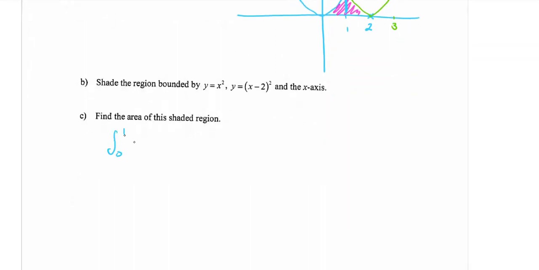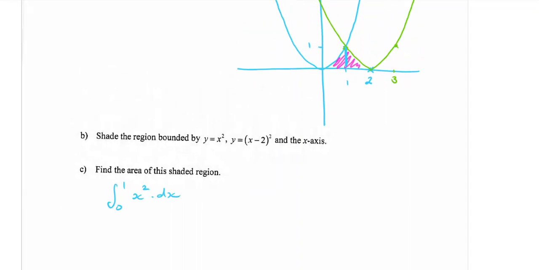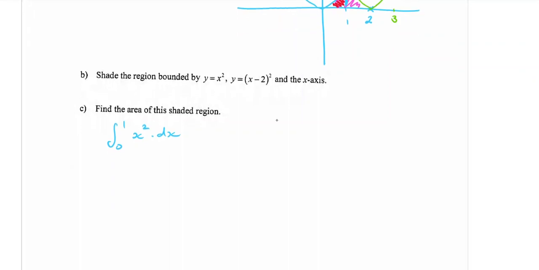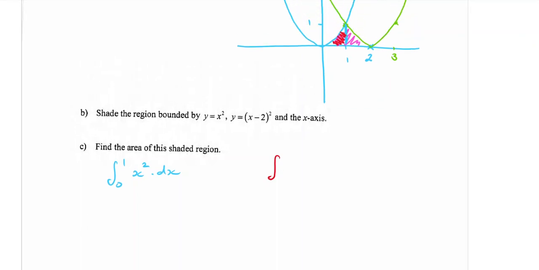Integrate between 0 and 1 the x squared dx, and that will give me this little part, the red bit that I just shaded in. But that means I'm also going to have to find the integral from 1 to 2, but of a different curve, which is (x minus 2) squared dx. There are two different curves that I need to integrate here.